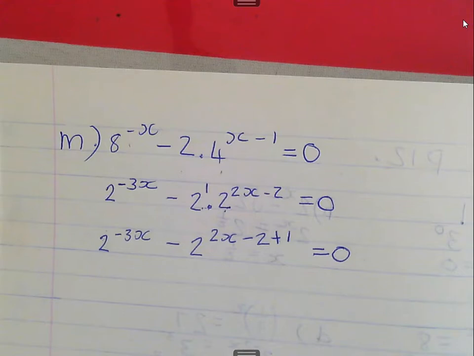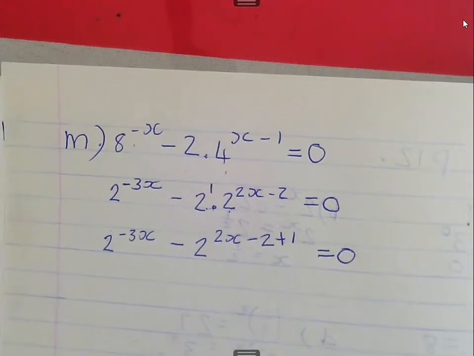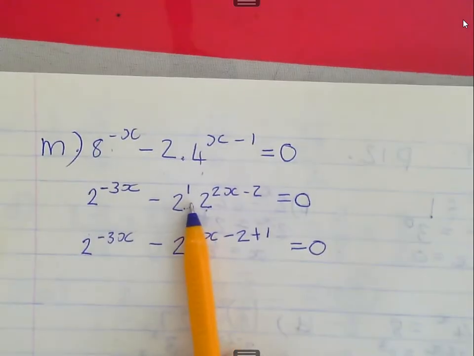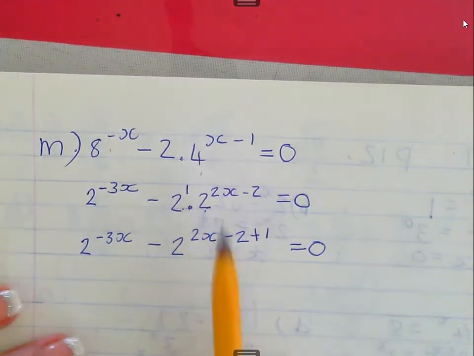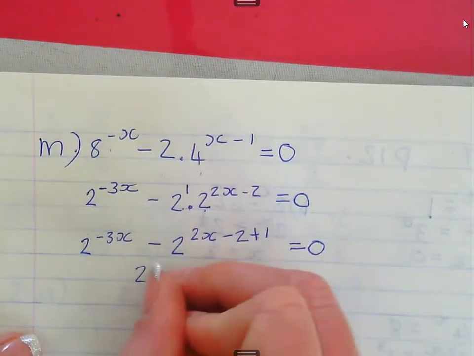Okay? Because remember, what we want to get at is a base with exponent and a base with exponent. So that one has been the problem. Do you all understand? Okay? Then I added it. Now I'm just going to take it over.